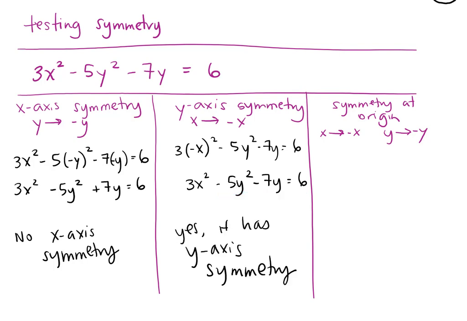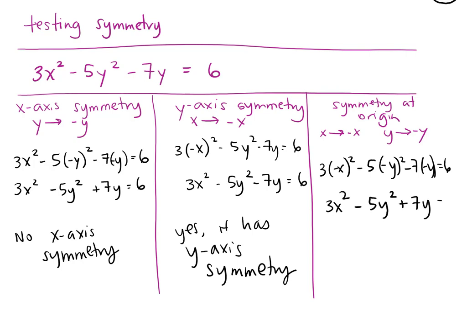And then plugging in both negative x and negative y, we get 3x squared. This stays negative, but that becomes positive.